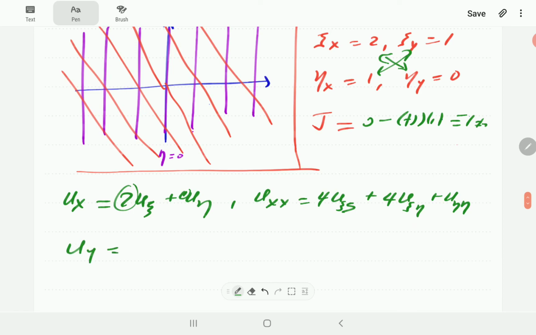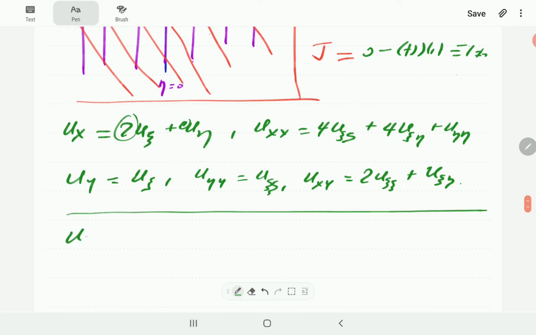Then uy, eta does not depend on y, so uy is just going to be u xi, and so uyy is going to be u xi xi. Uxy is going to be 2u xi xi plus u xi eta.